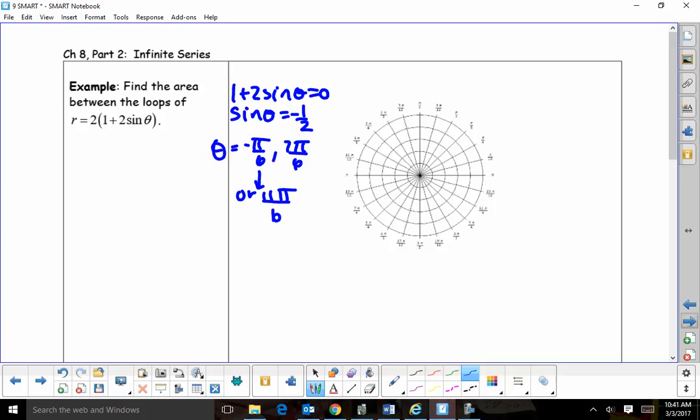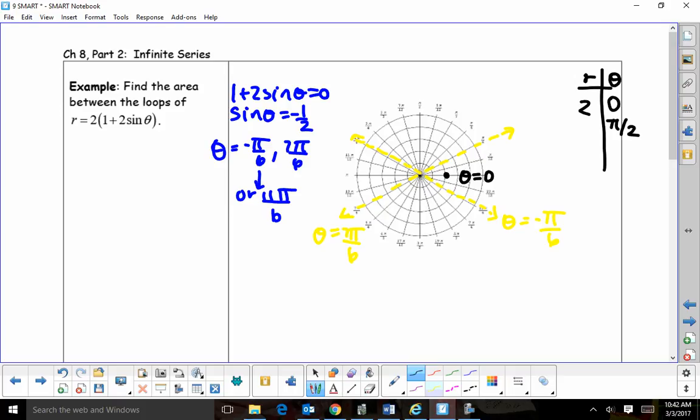So that's part of it. 7 pi over 6. Are we at 0? Pi over 2. 6.